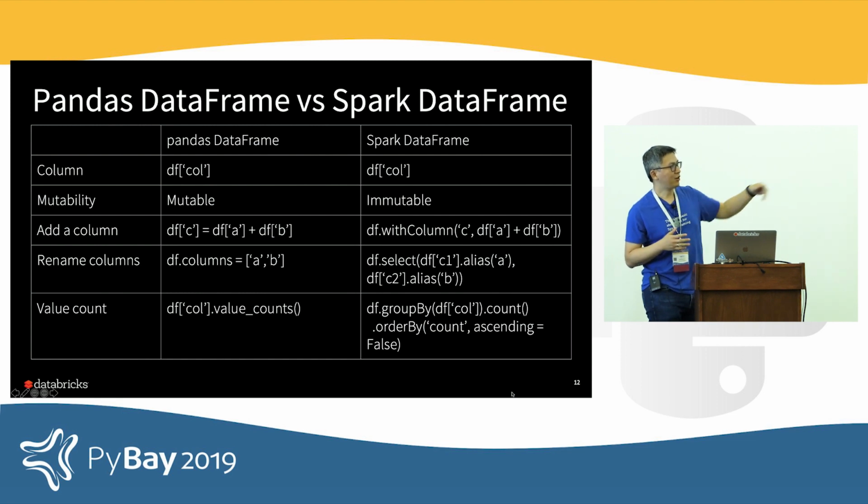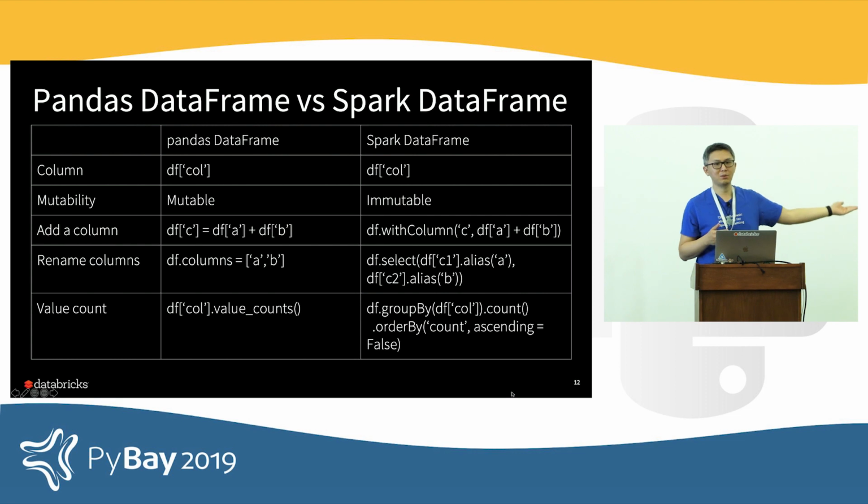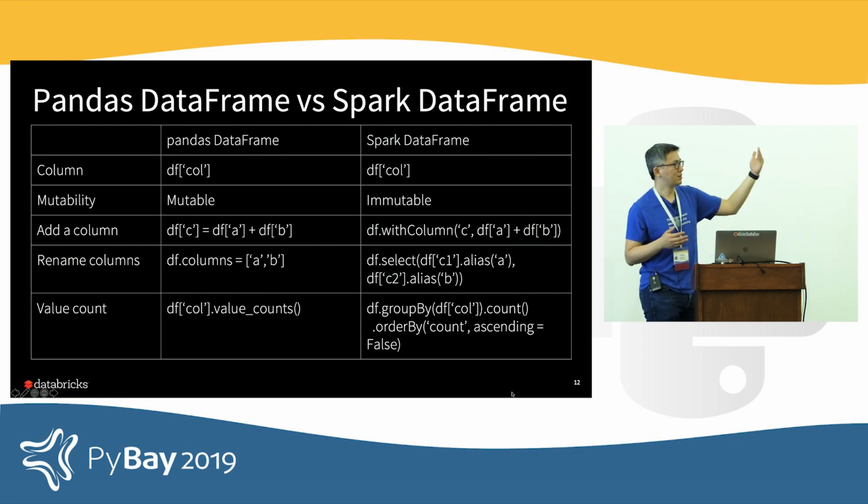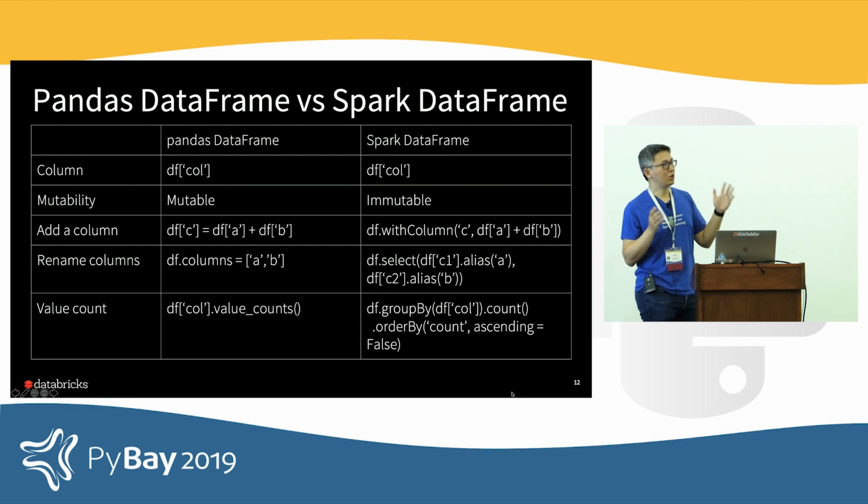Even worse, like value counts. In the Pandas DataFrame, you just call this simple API, value counts. It returns the number of values for this column. But in the Spark DataFrame, you need to select the DataFrame column, and then group by, and then count.